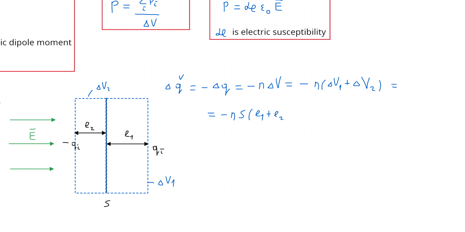And if we denote their sum L1 plus L2 as Li, we'll get this.